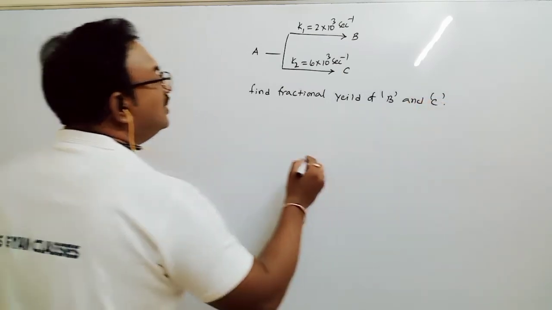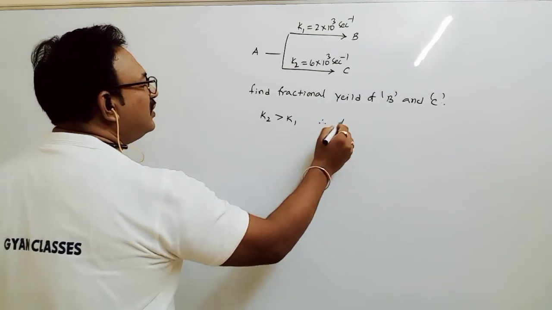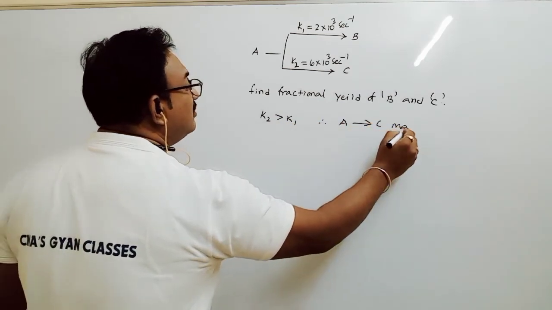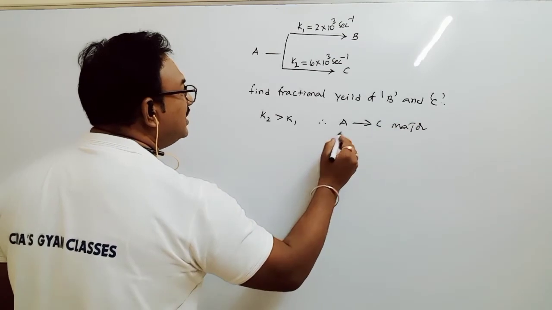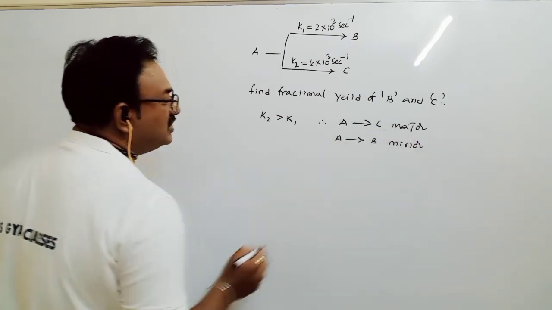Okay. Now, remember K2 is greater than K1. Therefore, A gives rise to C is the major reaction, and A gives rise to B is considered to be the minor reaction. Okay.